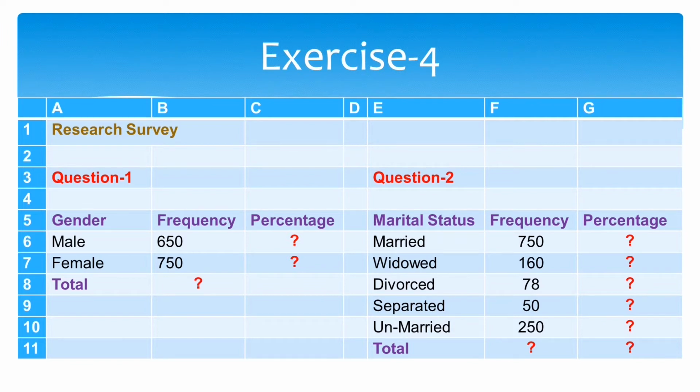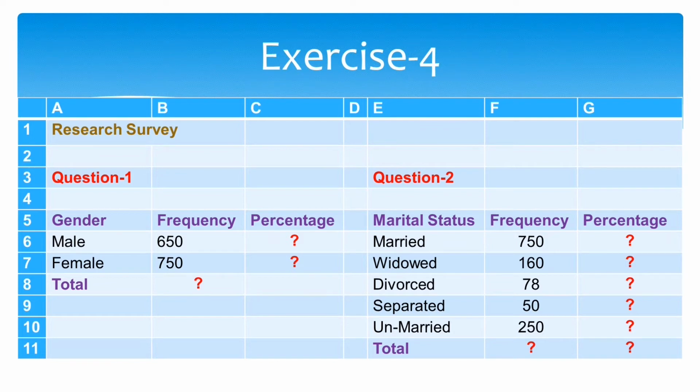The first question is that the number of males participating in the survey is 650 and the number of females participating is 750. Now, we want to find out the total number of participants, that is the sum of male and female, which you can quickly find out using auto sum or using the sum function.